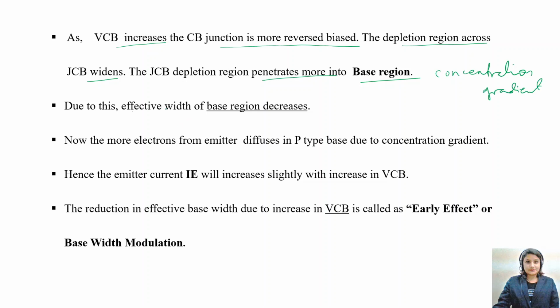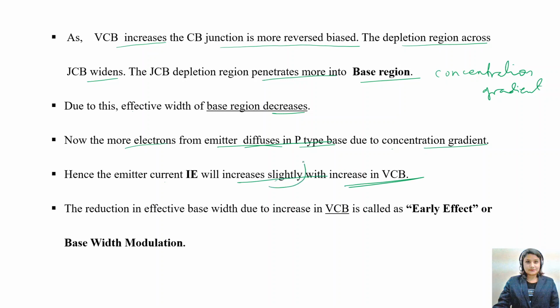But due to this, the effective width of the base region decreases, right? More electrons from the emitter diffuse in the P type of base due to concentration gradient, right? So hence the emitter current IE increases slightly with the increase in VCB.